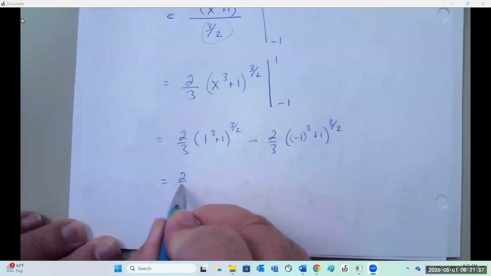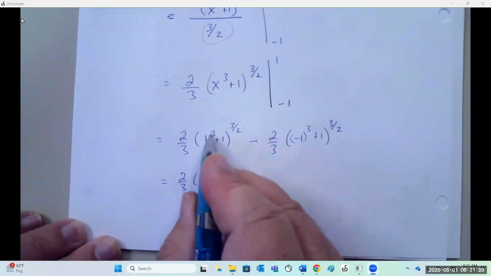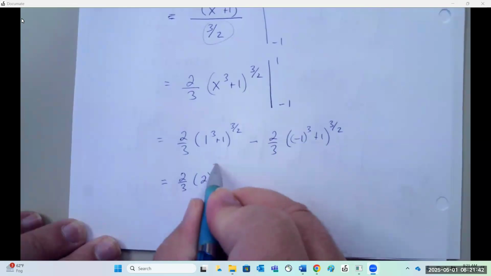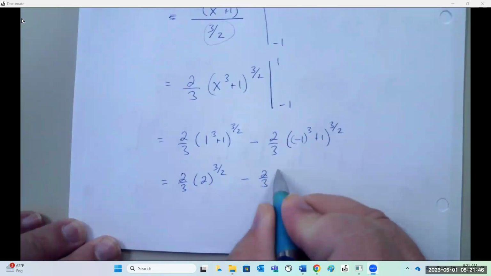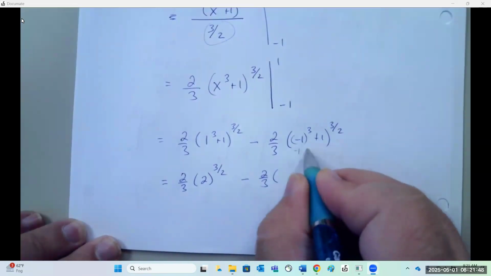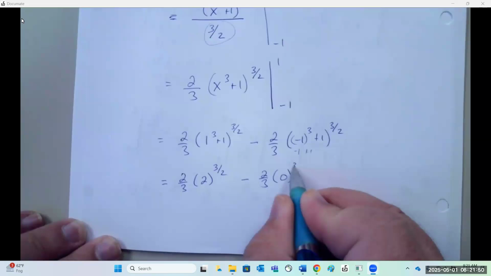Which is 2/3. 1 cubed is 1, 1 plus 1 is 2. -1 cubed is -1 plus 1 is 0.